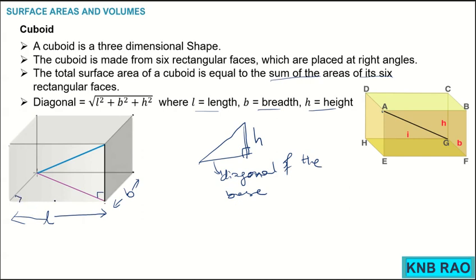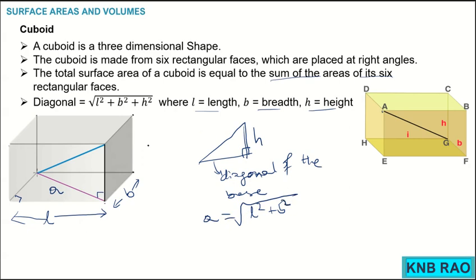That means L square plus B square under root will give you the diagonal of the base. Let us say the diagonal of the base is A, and A is equal to root under L square plus B square.